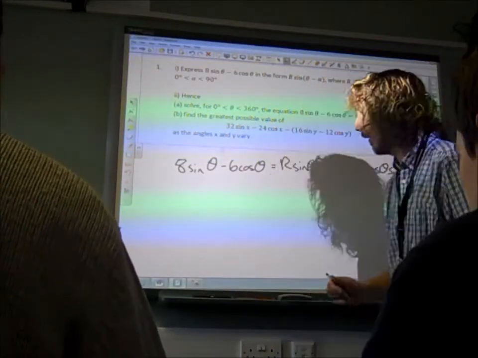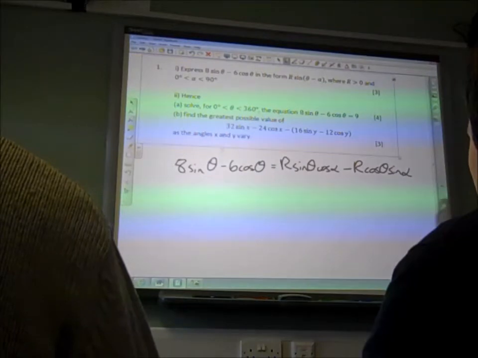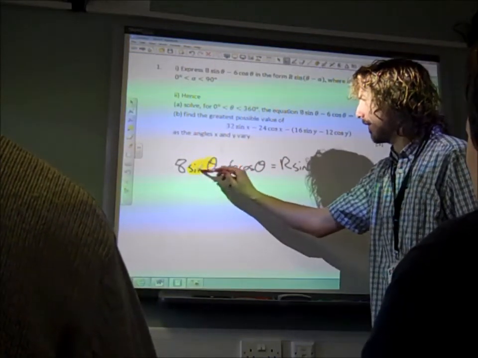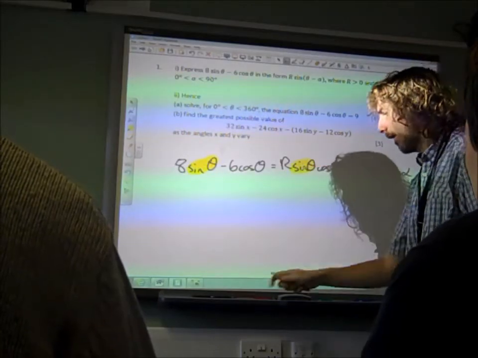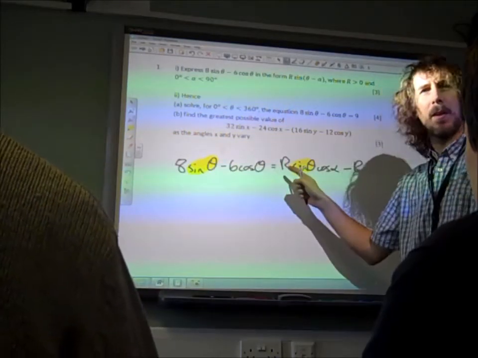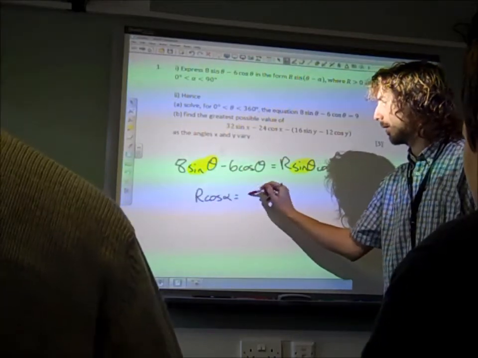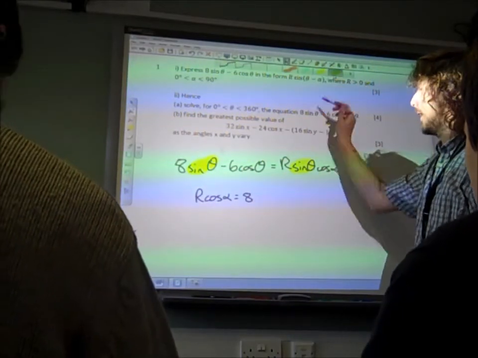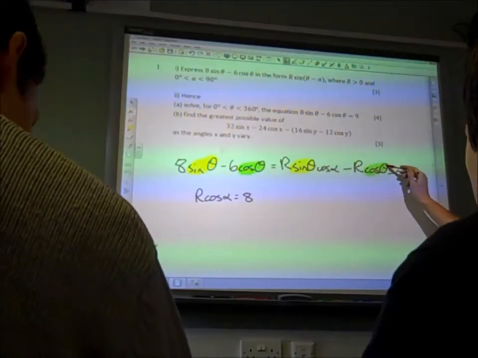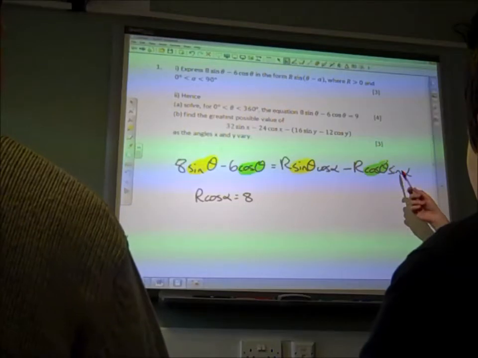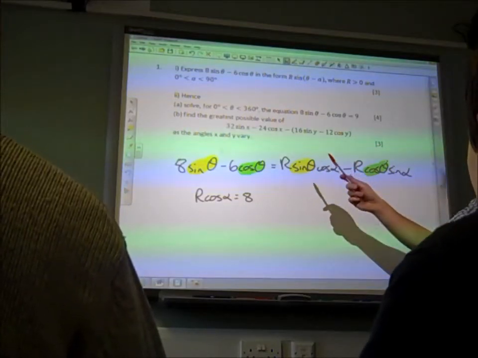If we compare the things that are the same, we've got sine theta there and sine theta there, so 8 must be equal to r cos alpha. We've got cos theta there and cos theta there, so r sine alpha must be 6.